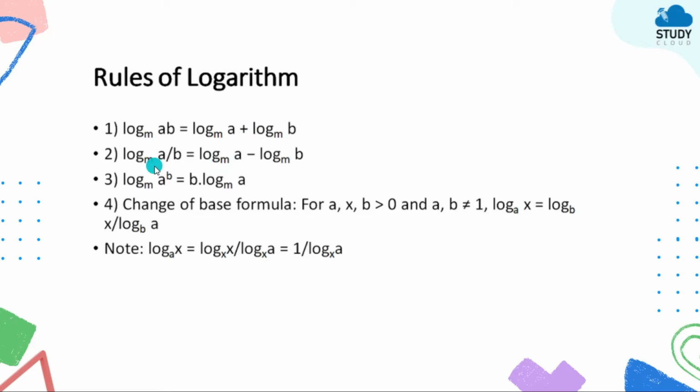The opposite is when you have log_m(A/B), then log A minus log B. Division becomes subtraction. If you have log_m(A^B), then the power comes outside, and it becomes B times log A.